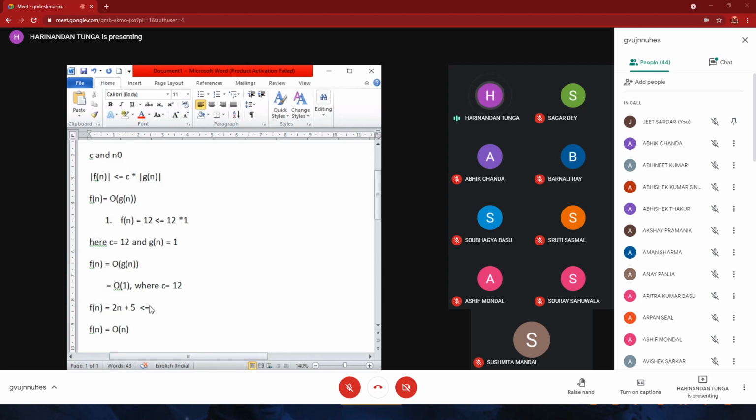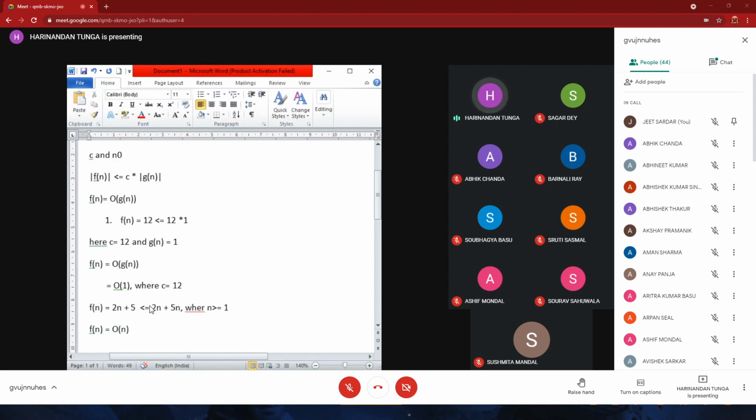The simple technique here is 2n plus 5n, where n greater than or equal to 1.